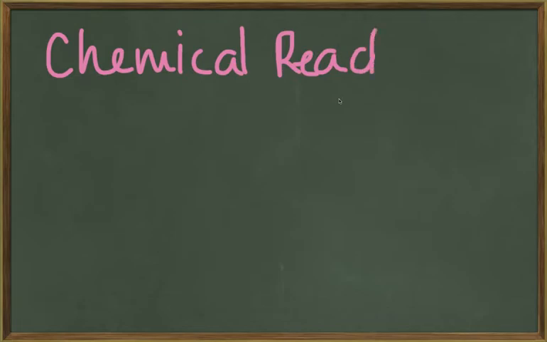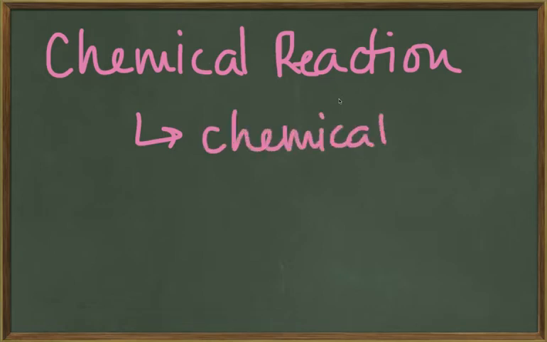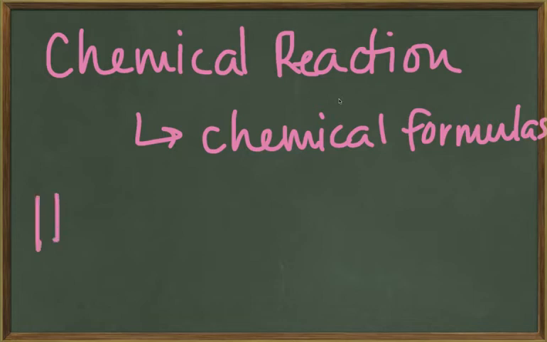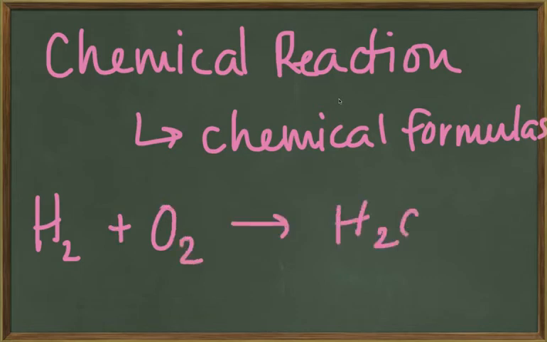I want to continue talking about compounds for just a minute because I'm going to talk about them in terms of a chemical reaction. Whether we're talking about a molecule or a compound, they have to be chemically combined. And a chemical reaction is talked about in terms of chemical formulas. So one chemical formula that's pretty easy, that you guys are really familiar with, if I took hydrogen and I reacted it with oxygen, I would eventually make water.